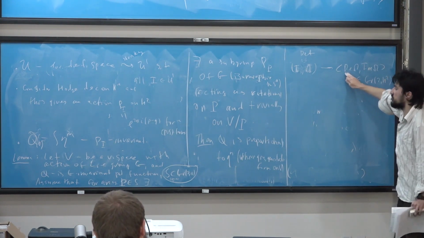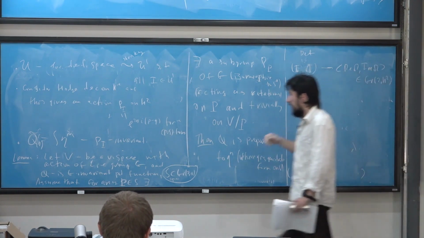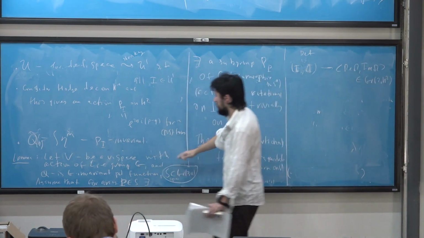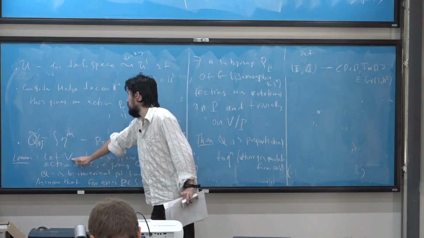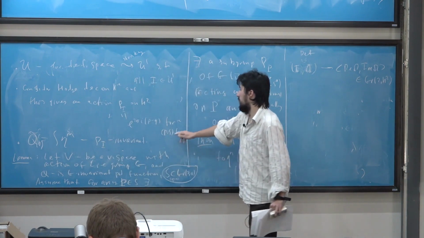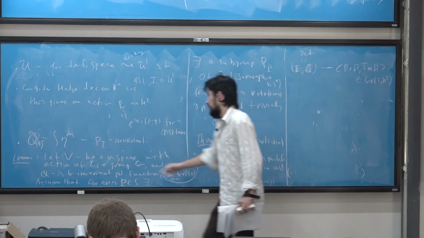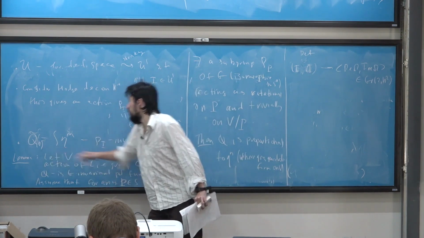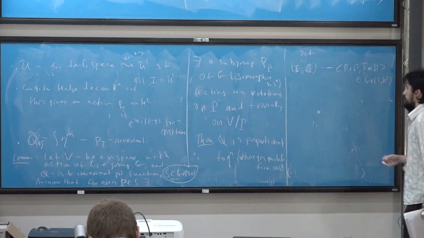It says that this image is open, quite the same as in the Kähler case. Using this argument, V is just H2 in our case, G is the group given by O, rho I as operators, and Q is the same polynomial. By this statement, this polynomial is proportional to q to the n.